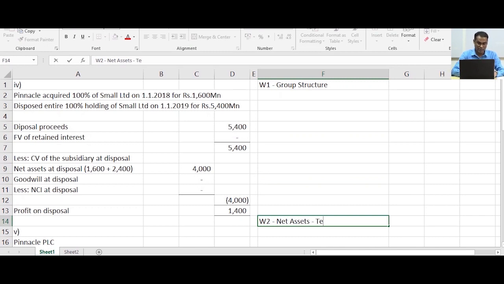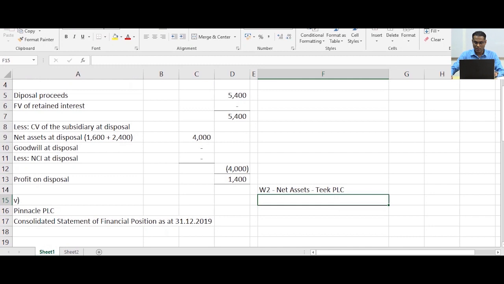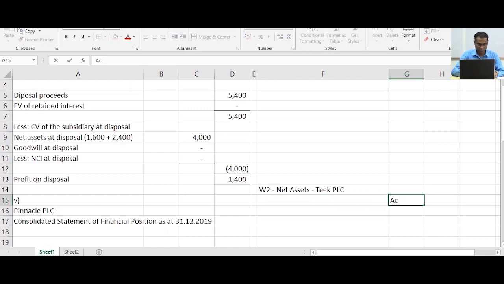The subsidiary in this question is Teak PLC. For the subsidiary, I need 3 columns to find out the net assets. First of all, acquisition date. Okay, what I can do is I can merge this.